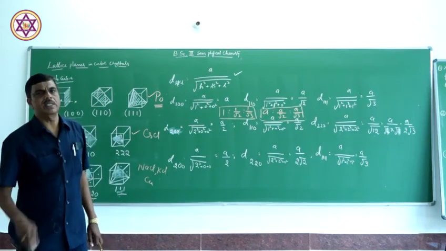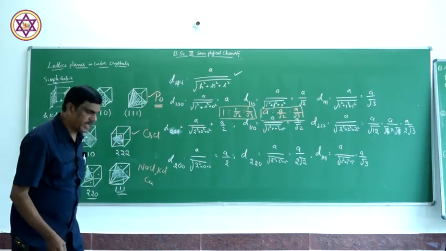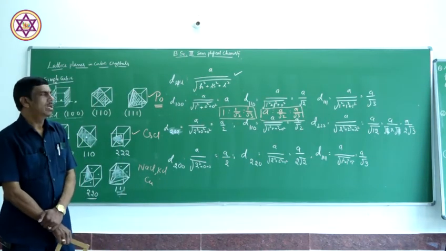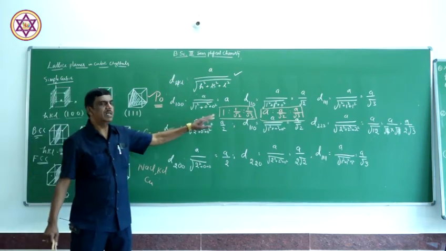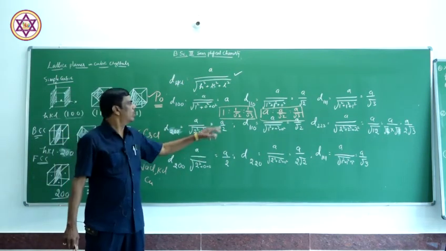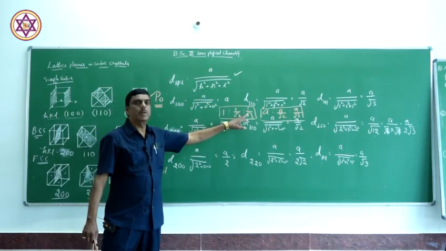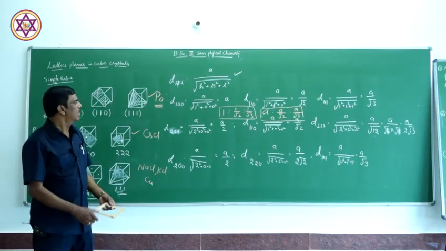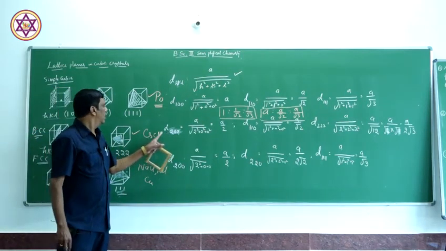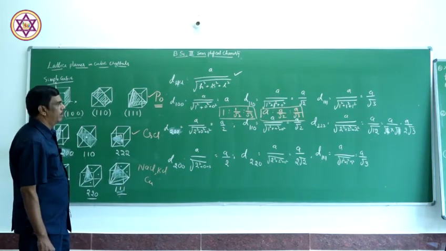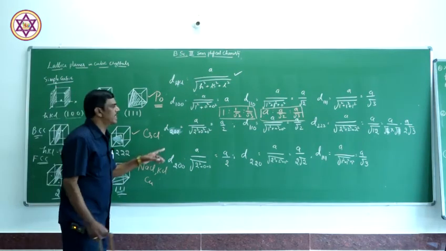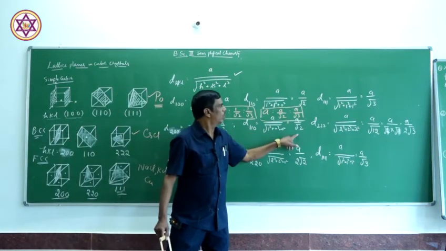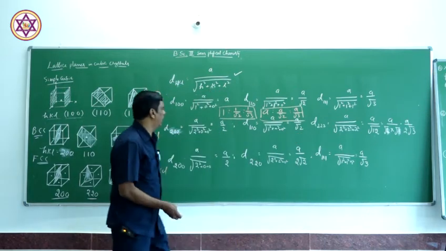It is possible to measure the distance using a number of apparatus, such as spectrometers. If the ratio is equal to 1 is to 1 by root 2 is to 1 by root 3, the solid exists in the simple cubic lattice. Similarly, if you take the body centered cubic lattice, the interplanar distances for different planes are a by 2, a by root 2 and a by 2 root 3.